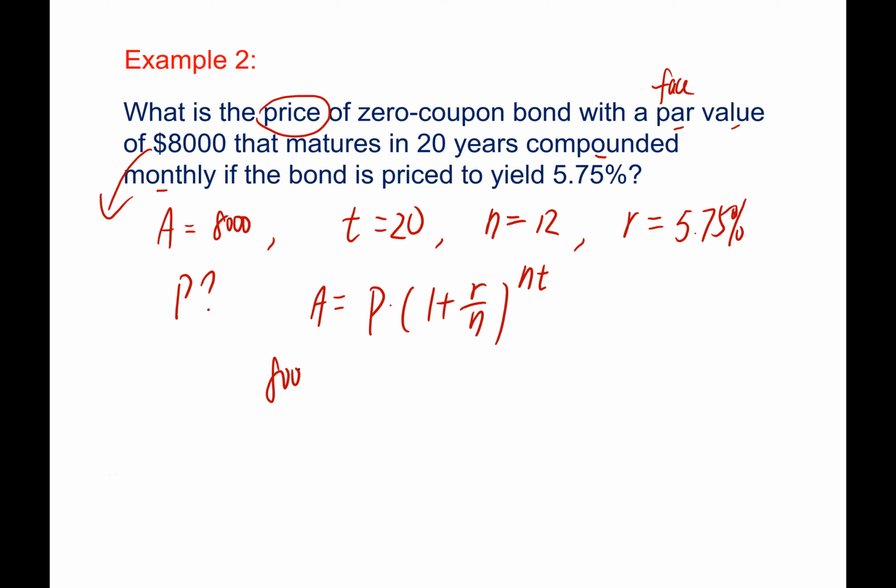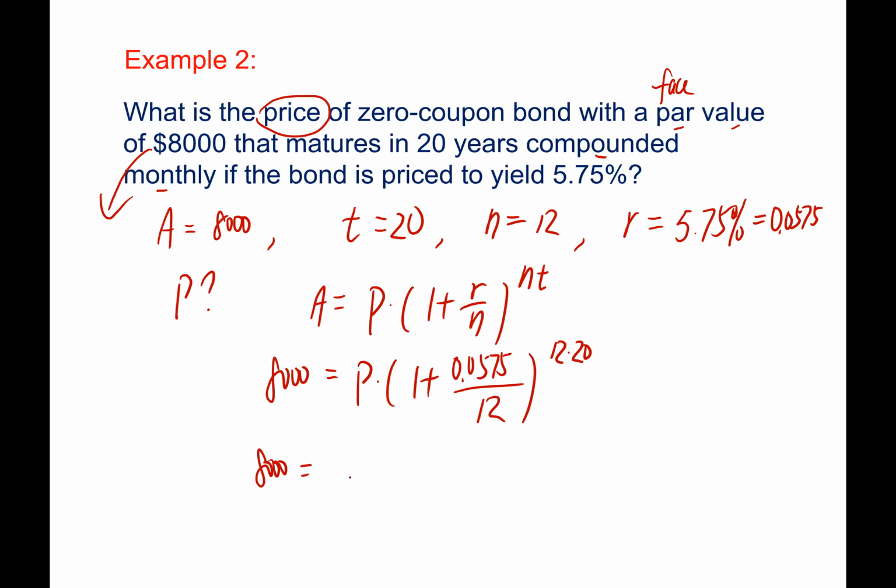So it's $8,000 equal to principal times 1 plus the rate turned into decimal, 0.0575, over 12, to the power of 12 times 20. That's basically the 240 power.